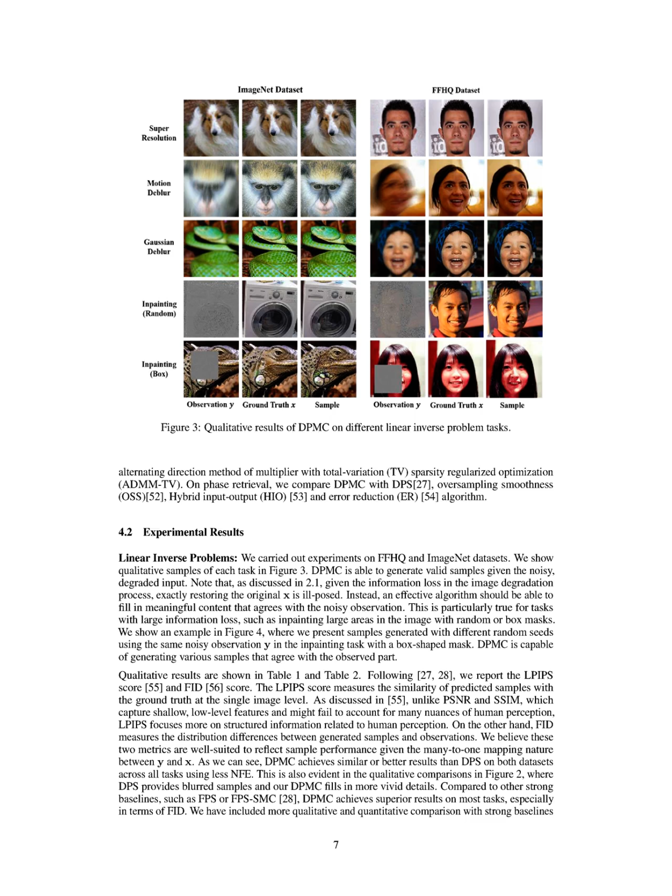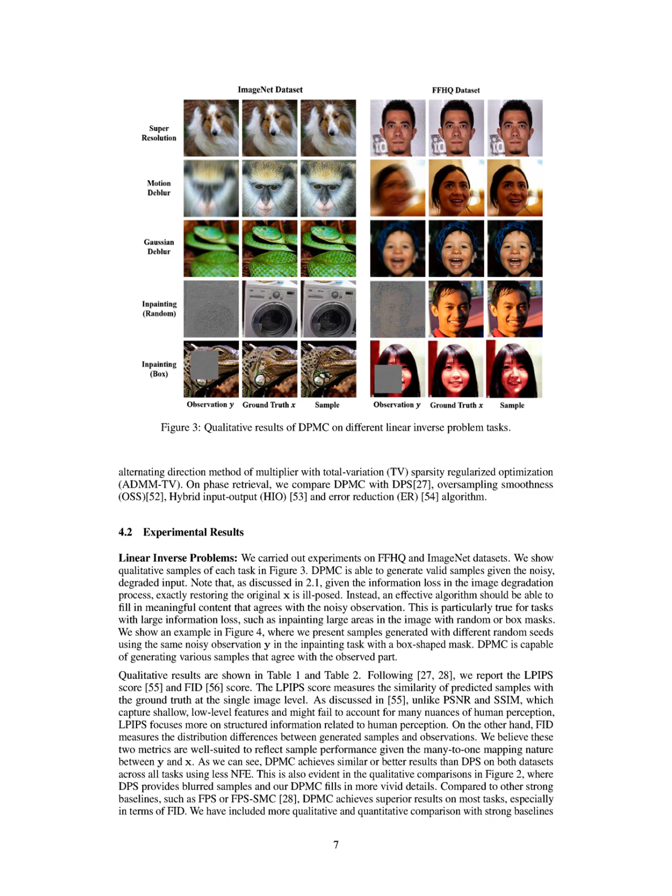Empirically, DPMC outperforms DPS across various inverse problems in the image domain, achieving better sample quality as evidenced by lower LPIPS and FID scores, while also requiring fewer evaluations, NFE, compared to DPS.